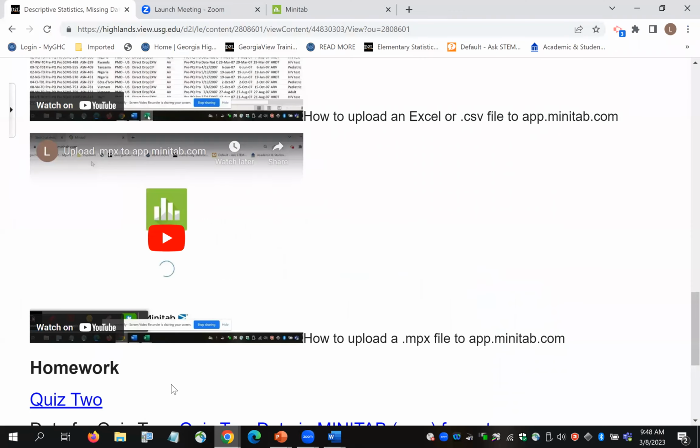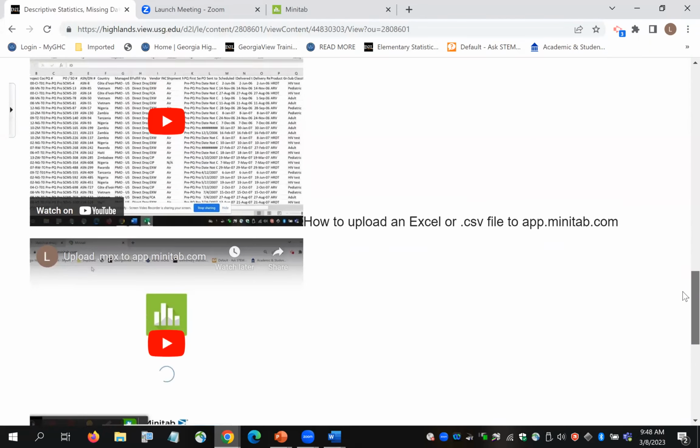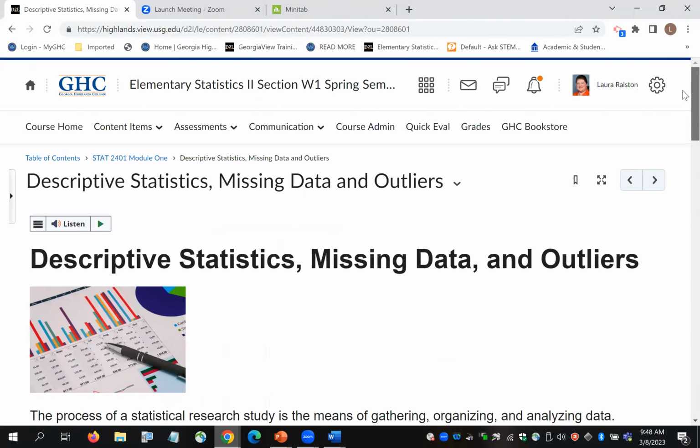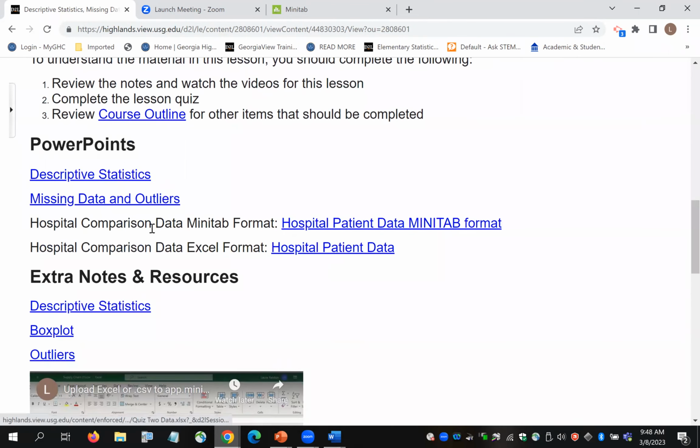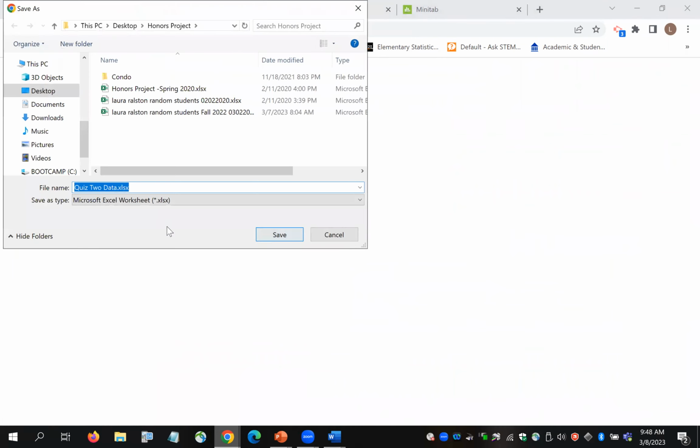So I'm going to use the example from the class. I'm in Module 1 for the lesson, Descriptive Statistics, Missing Data, and Outliers. And I have the hospital comparison data in Excel format. Okay, I'm going to click on that link, and it's going to open.